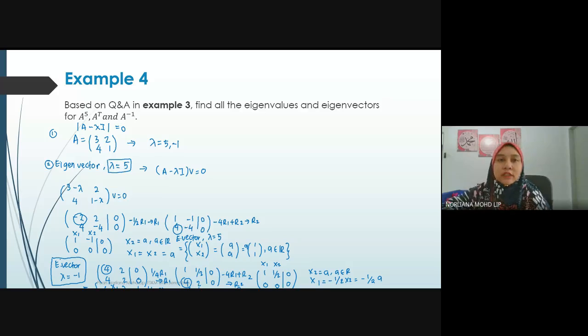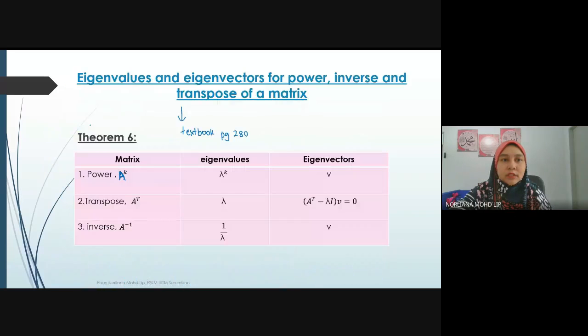Okay, so the question: find all the eigenvalues and the eigenvectors for A to the power of 5. So using this theorem 6, the eigenvalues equal to lambda to the power of k. Here we don't need to find again.